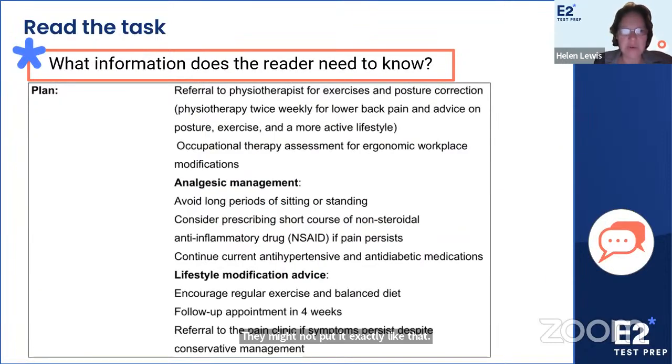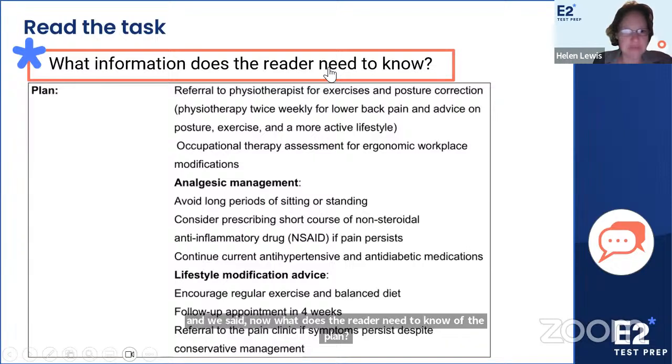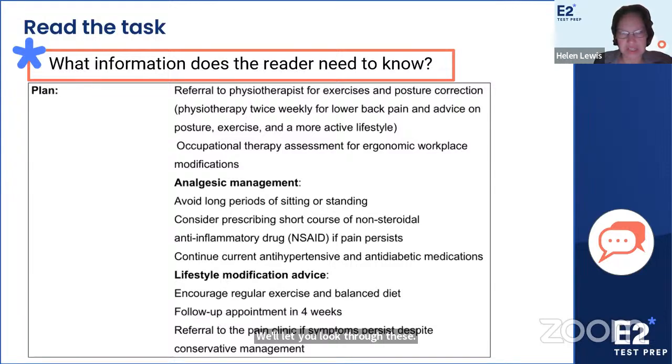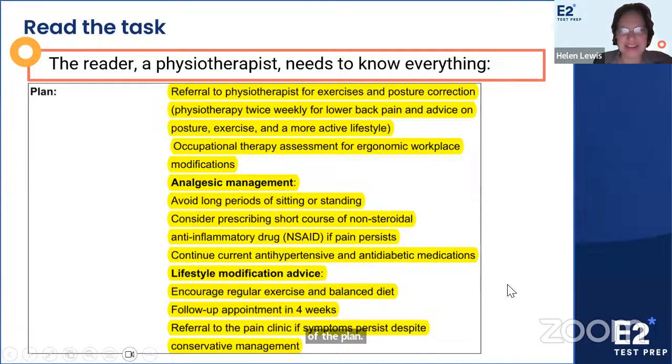Okay, and we said, now what does the reader need to know of the plan? I'll let you look through these. What does the reader need to know of the plan? Abdullah is saying all of it. Exactly, yes, very good.